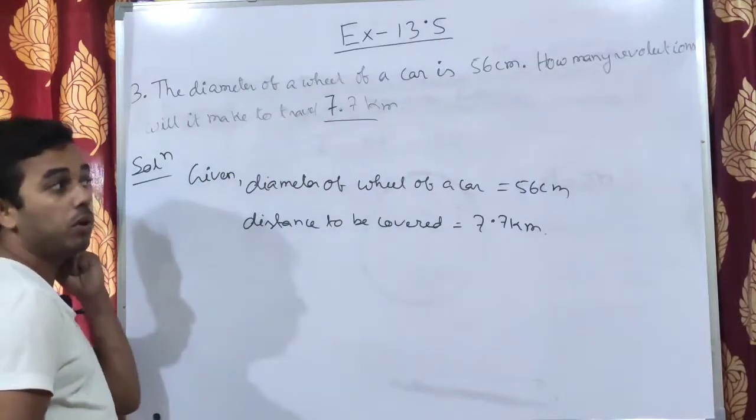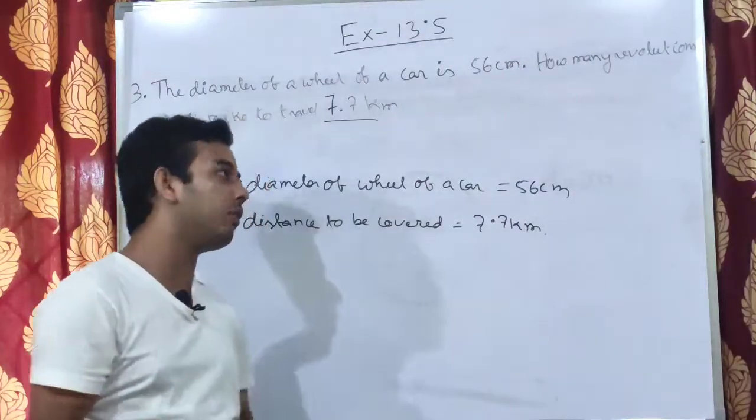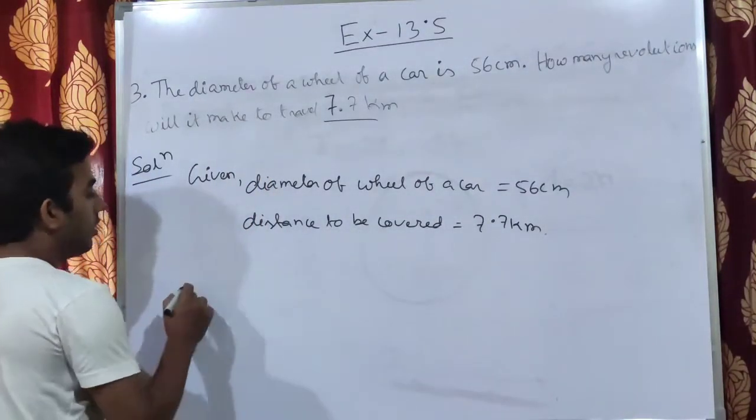Now what will we find? We will first find the circumference of the wheel of the car.